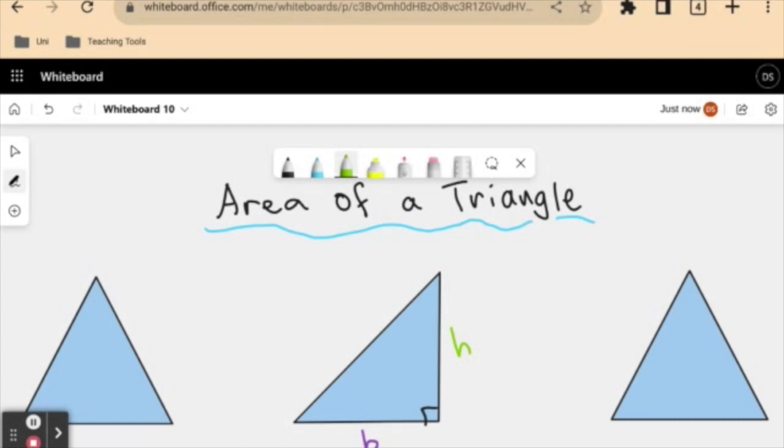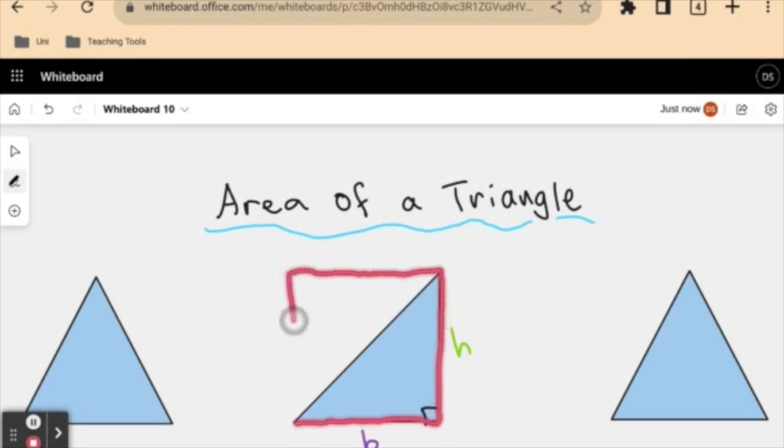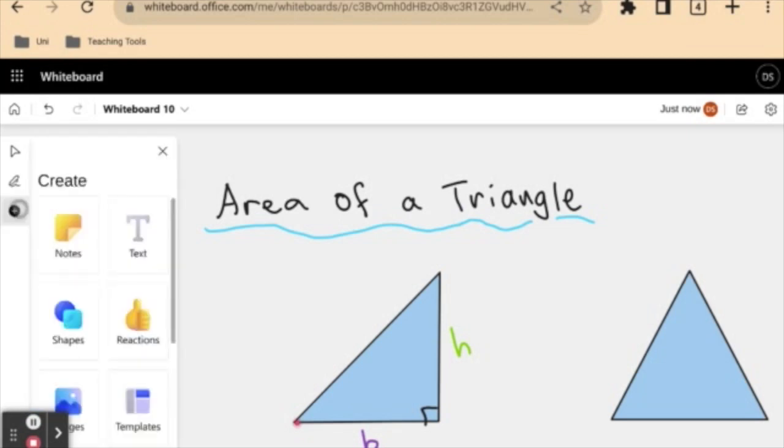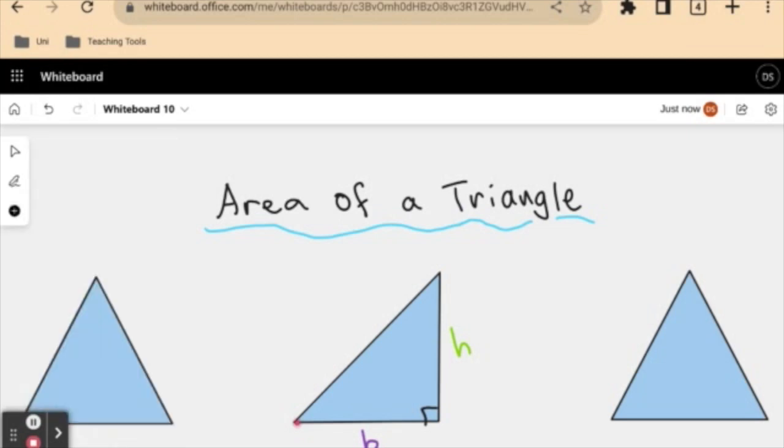But if we think about the area that we get when we multiply sort of B units across and H above, we're going to make a total area here. But that's okay because that puts us on the right track.